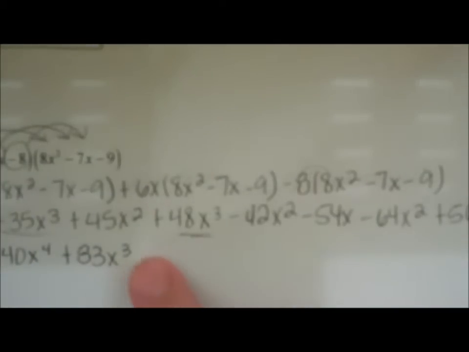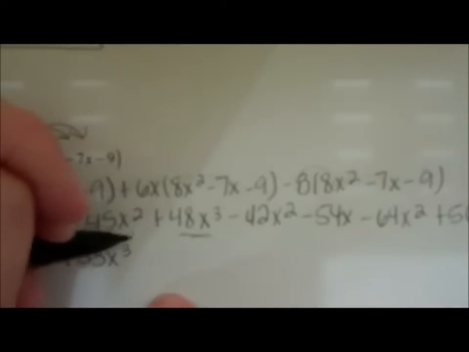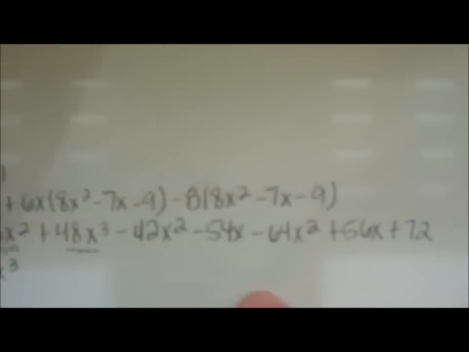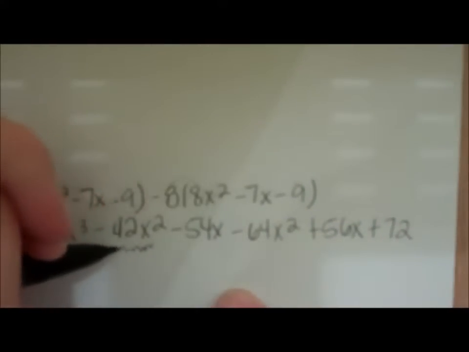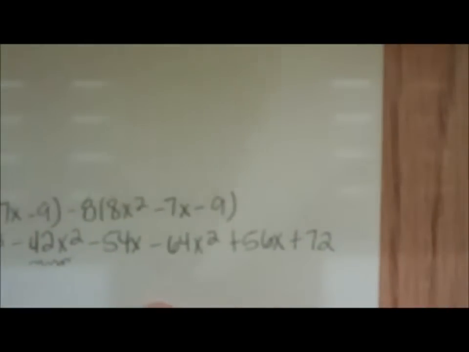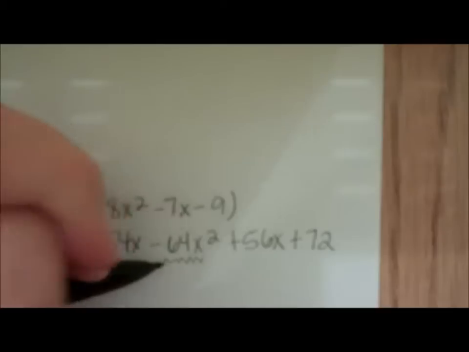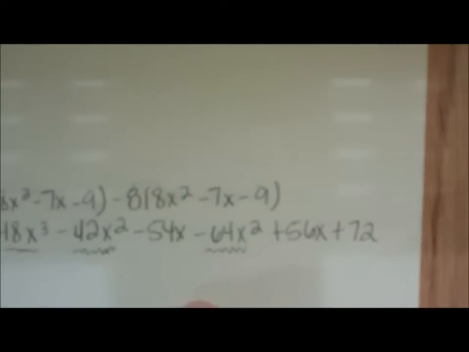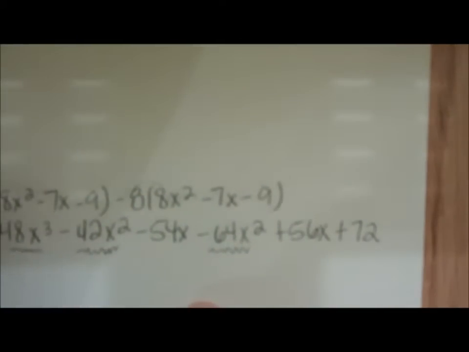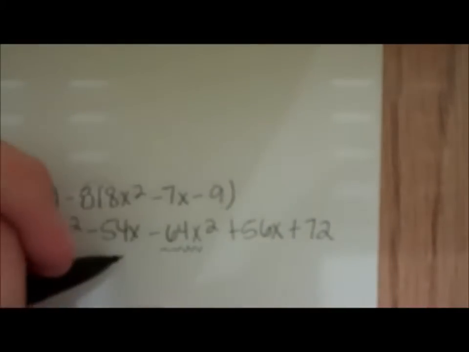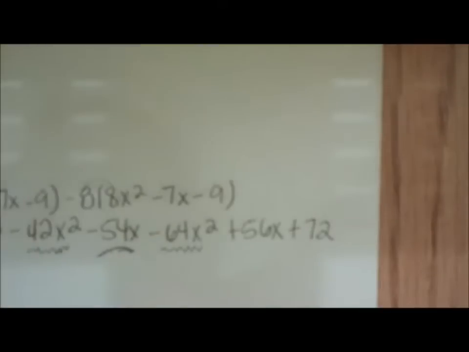Now I'm going to go to the x squares. I have a 45x squared here. I have a negative 42x squared there. And I have a negative 64x squared there. Combine all of those and you get negative 61x squared. And then I'm going to look at my x's. I have a negative 54x there.